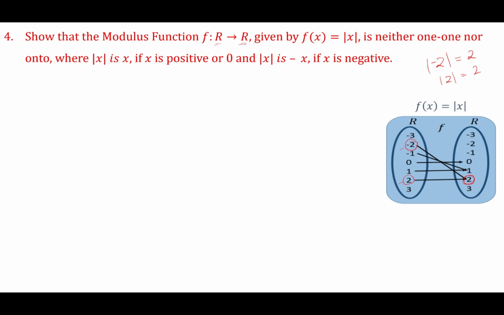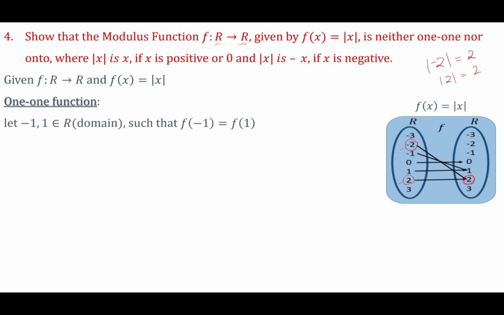Let us prove it. Given function from R to R is defined as modulus of x. For 1, 1 function, let us choose any numbers. I choose, let -1, 1 belong to domain such that f of -1 is equal to f of 1.